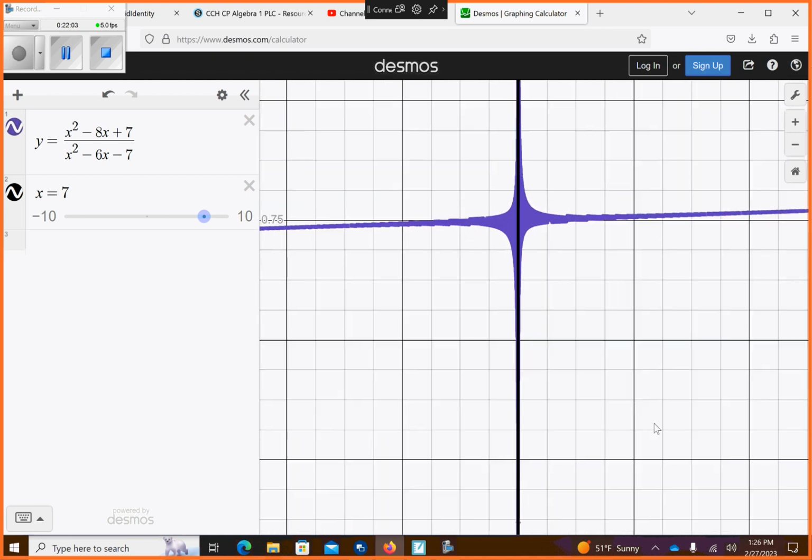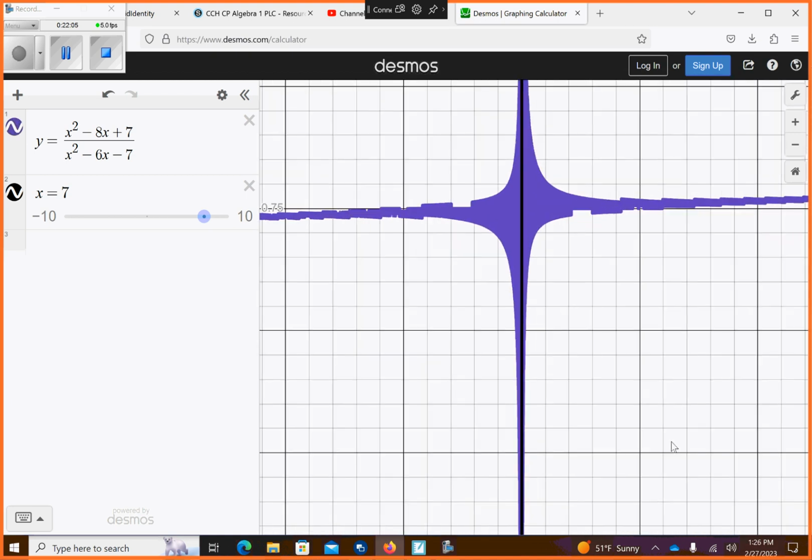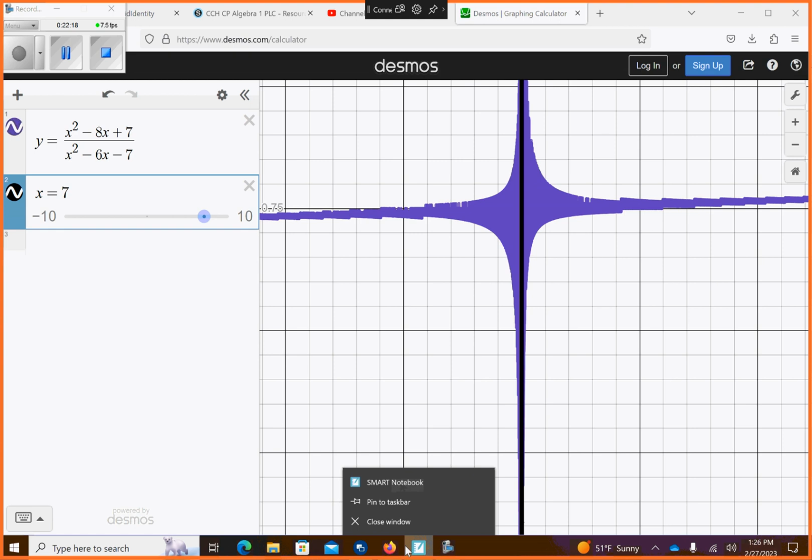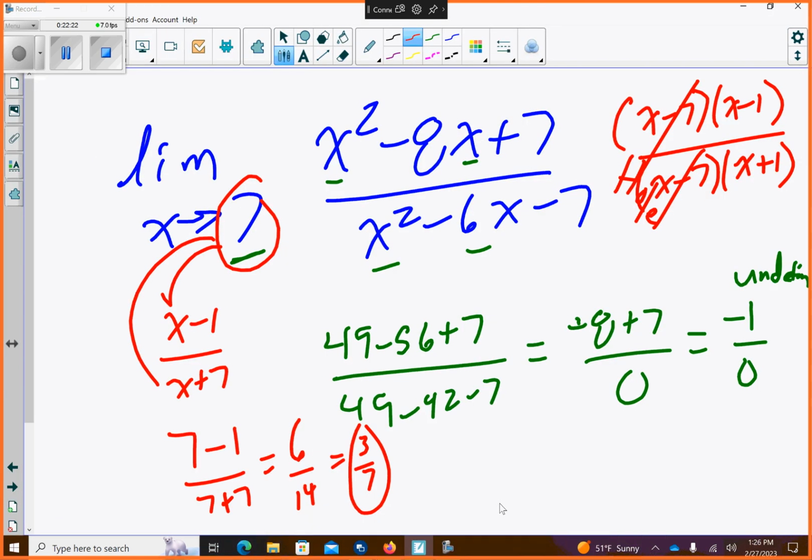Obviously the purple creates the hole. That's why the purple looks all goofy. If you follow the black up, where do you think it goes right in between the two? We're at 0.75.